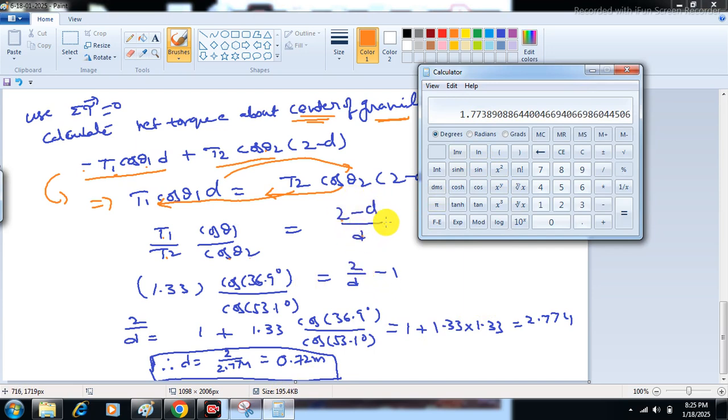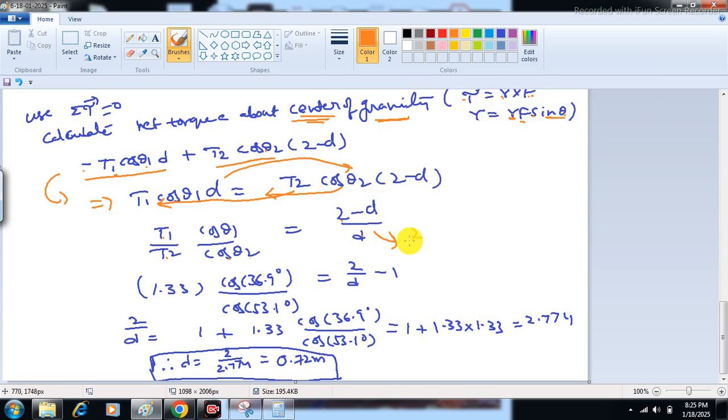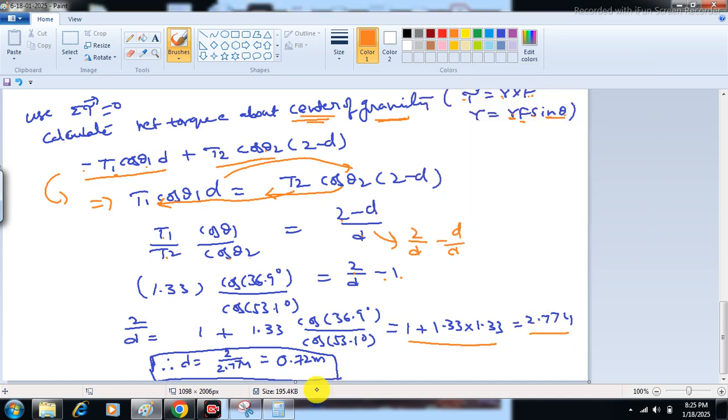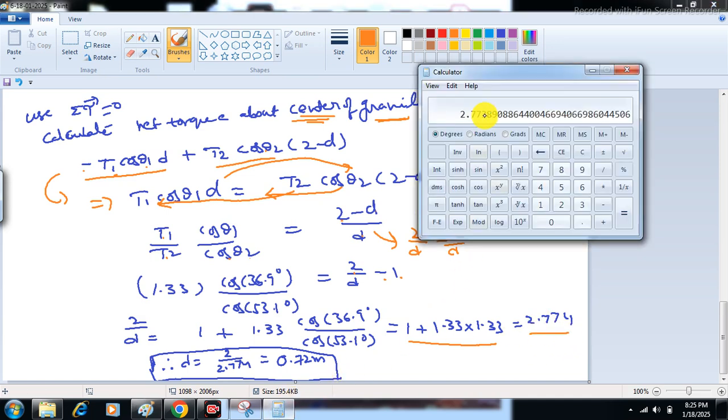2 by d minus d by d, that is 2 by d minus 1. So now 2 by d equal to 1 plus 1.33 into cos 36.9 by cos 53.1 degree, that is equal to 1 plus T1 by T2 into cos theta 1 by cos theta 2, this value, 2.774.